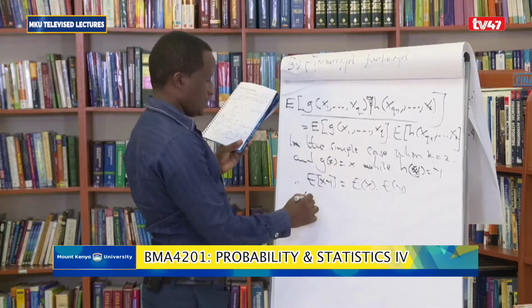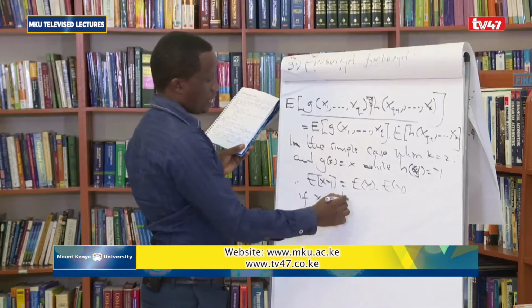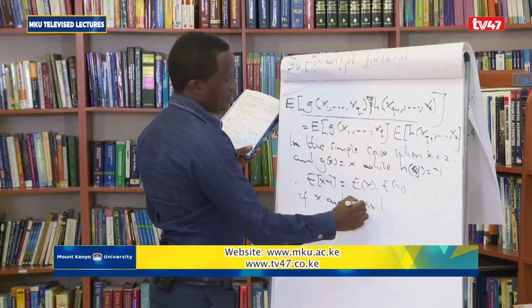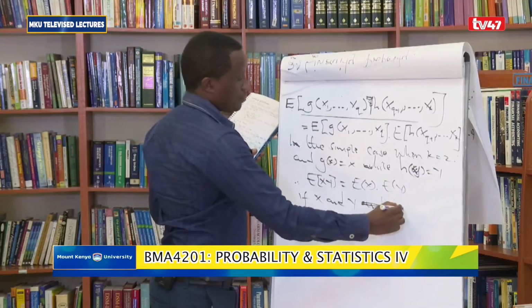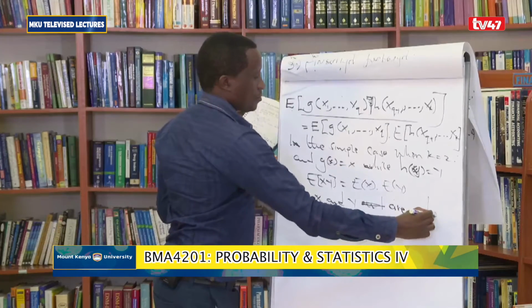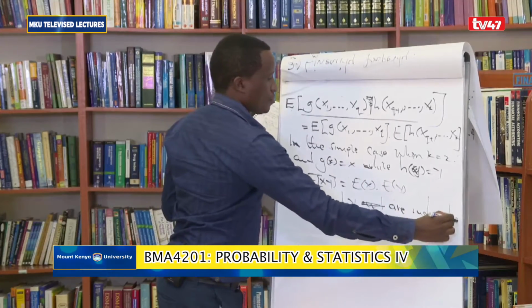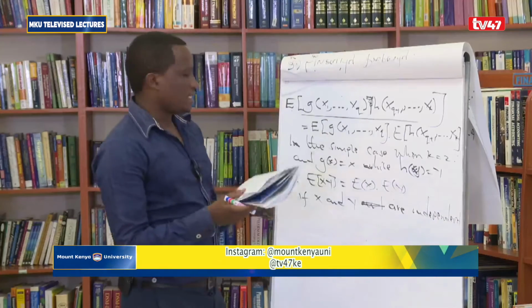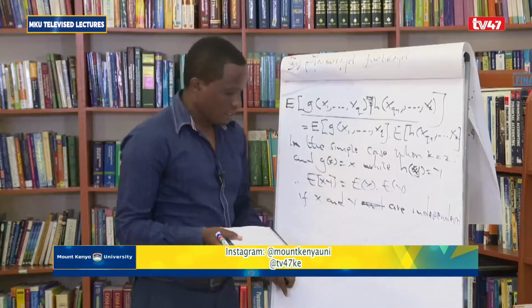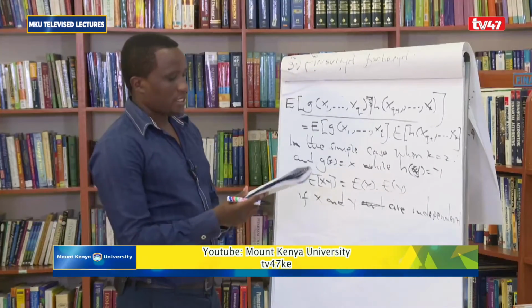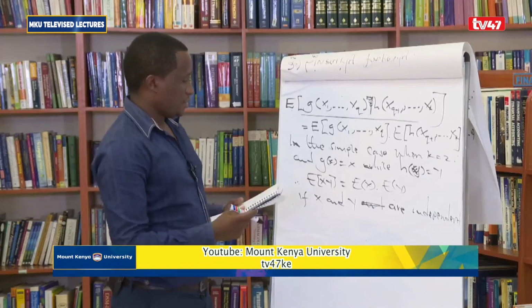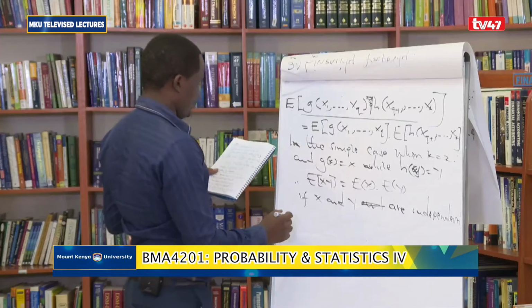That is, if x and y are independent, then you just get the joint expectation by multiplying the product of the individual expectations. We need to prove this.